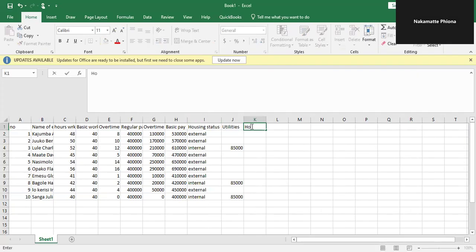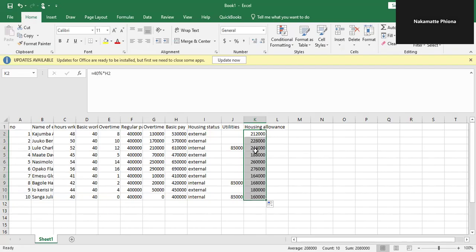Then housing allowance. We are told it is 40% of the basic pay, but the internals don't get the allowance.